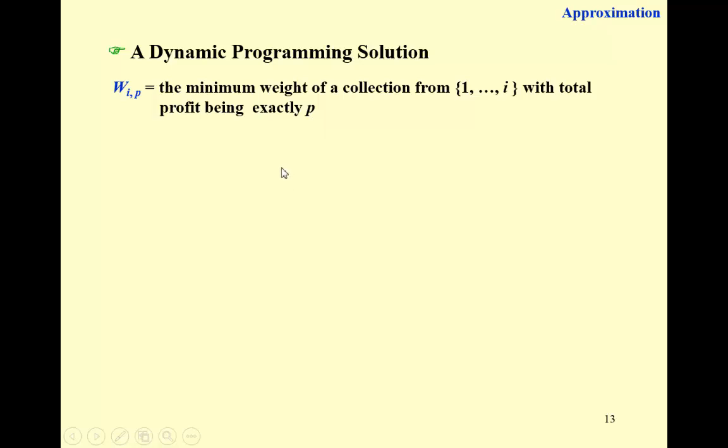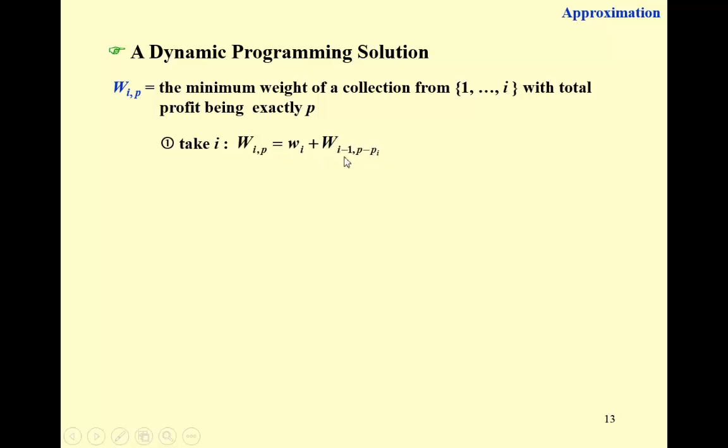And then for each item, we have 3 possible situations. One is that we take this item I. So the current optimal solution would be the weight of this item plus the optimal solution for the subproblems.